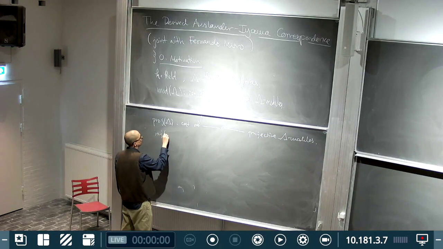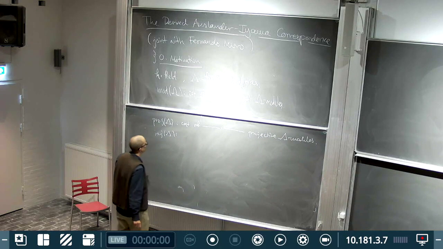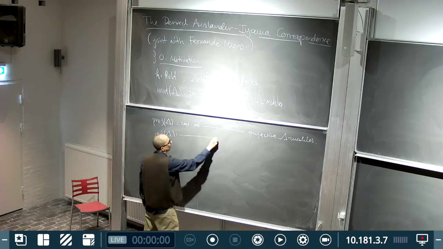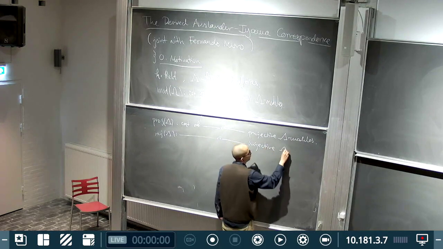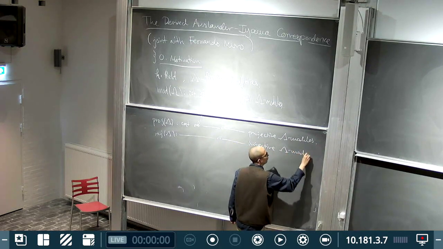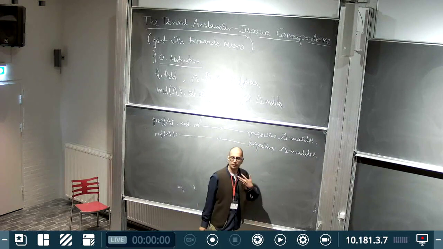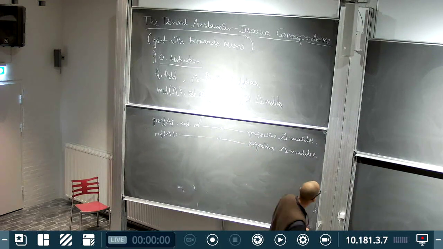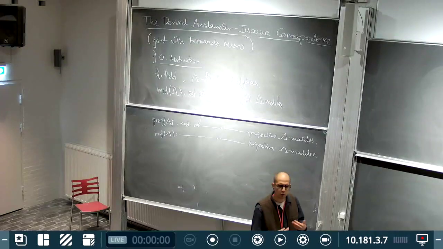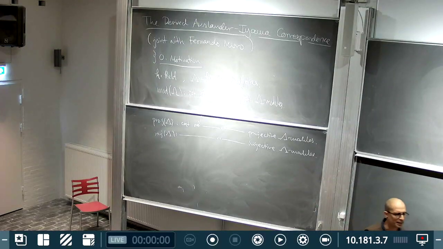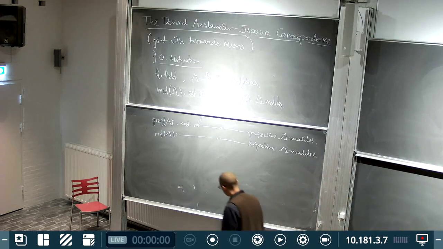And we will also be interested a little bit in the category of injective Lambda-modules. So everything we do today will be finite dimensional. Whenever I say algebra or module, I always mean finite dimensional, in case I don't say that explicitly.